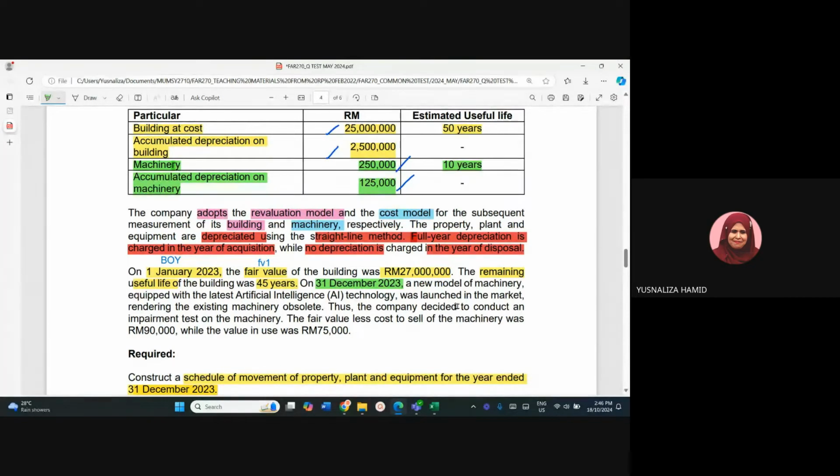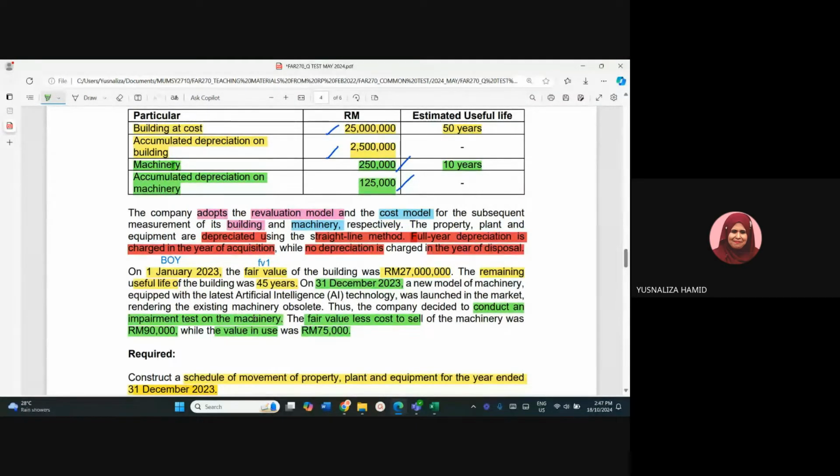You can see here, the company decided to conduct an impairment test for the machinery. You are informed the fair value less cost to sell of the machinery was 90,000 and the value in use was 75,000.